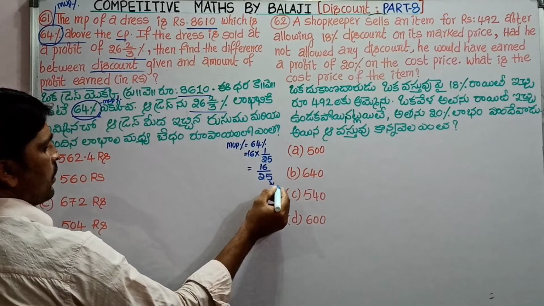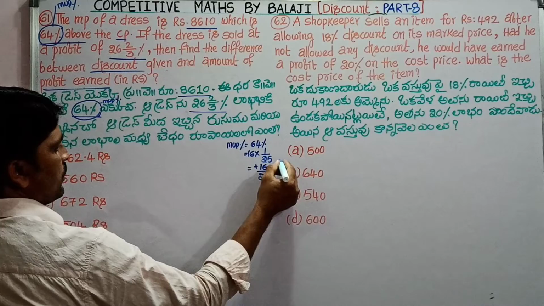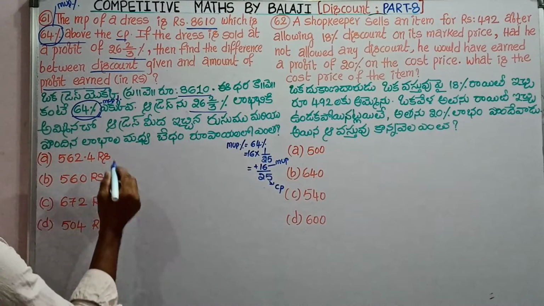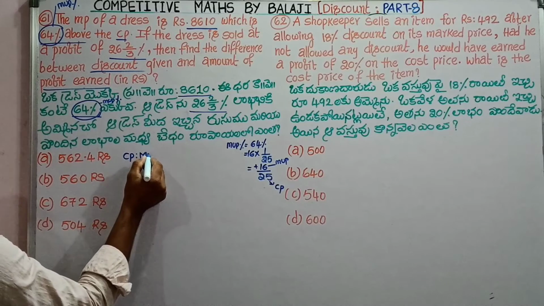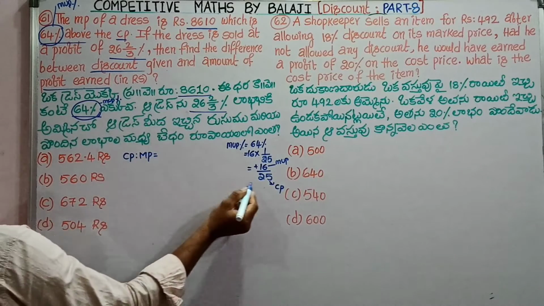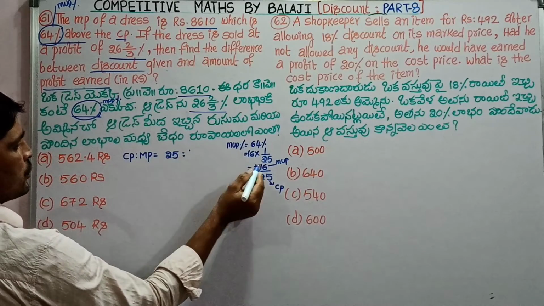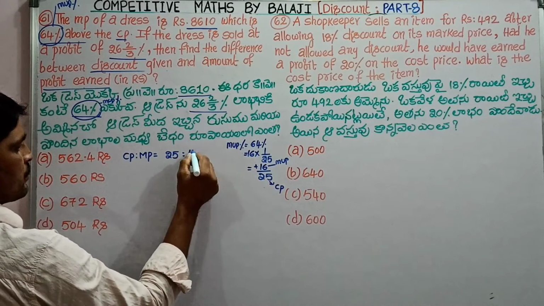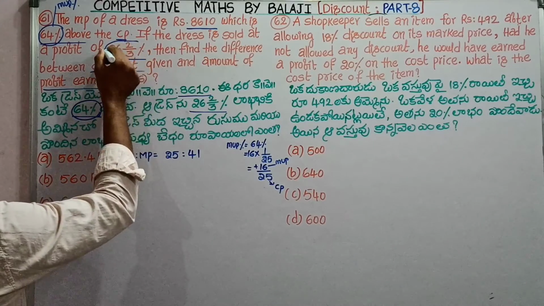That is, if the cost price is 25 units, the markup is 16 units. Consider the ratio of cost price to market price. In this case, if the cost price is 25 units, then the market price is 16 units more than 25, that is 41 units.